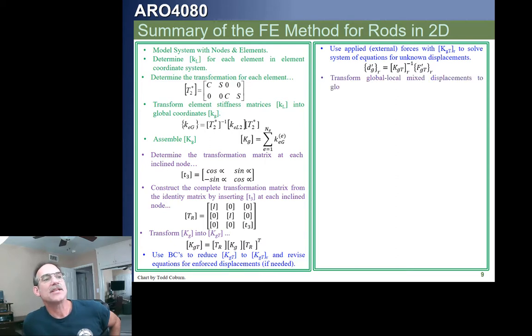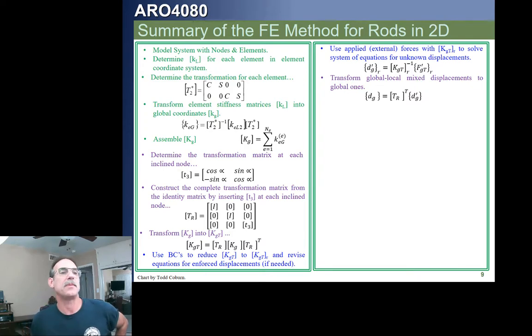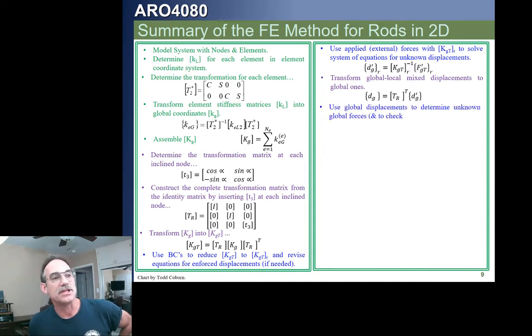We can then transform this set of displacements, which is in the local-global mix, to a completely global set of displacements by pre-multiplying by the transpose of that transformation matrix. We then use our global displacements to determine our global forces, okay?